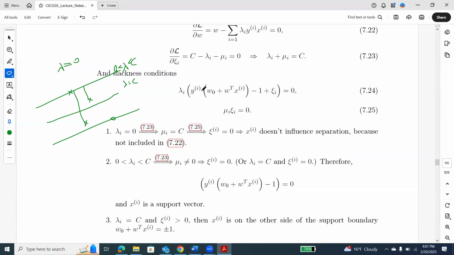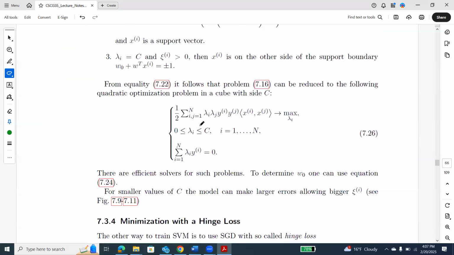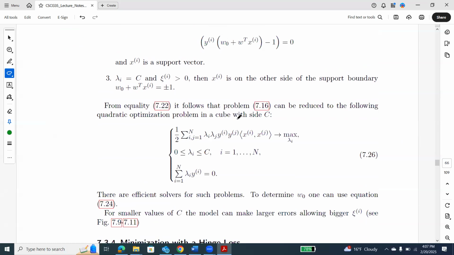Yeah, so how to find these? So we will substitute W equals this sum to our objective function, and in our objective function we had W squared. So instead of W squared, we will multiply sum of lambda y's times sum of lambda y's. So we will get a quadratic function with respect to lambda. And now we have this problem. X, our features are given, y's, our targets are given.